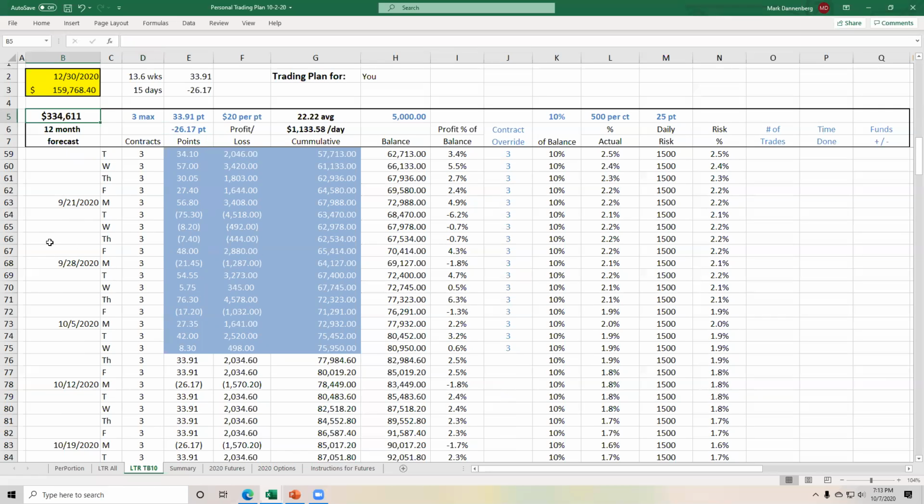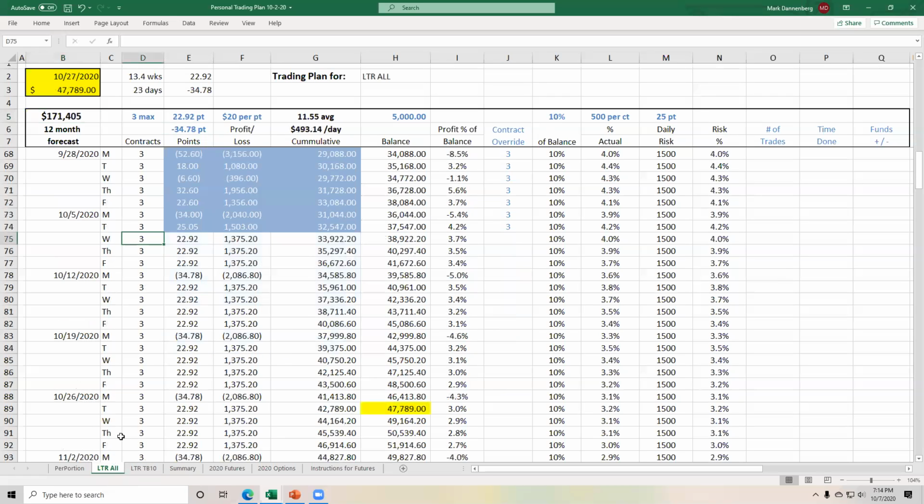So the income forecast is $334,611 if we were to continue at the run rate that we've already established and if we kept our maximum number of contracts at 3. And that's having started with a $5,000 account, and we're committing no more than 10% of the balance of our account at any one time to margin risk, the amount of margin that is required for the number of contracts we're trading.